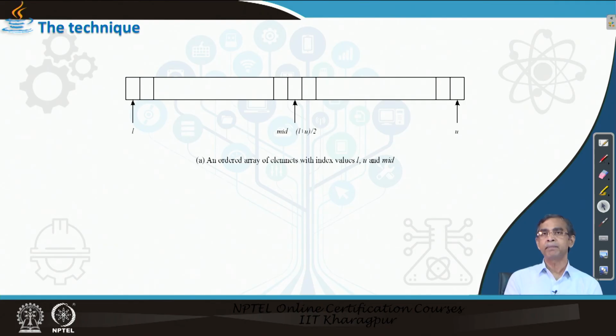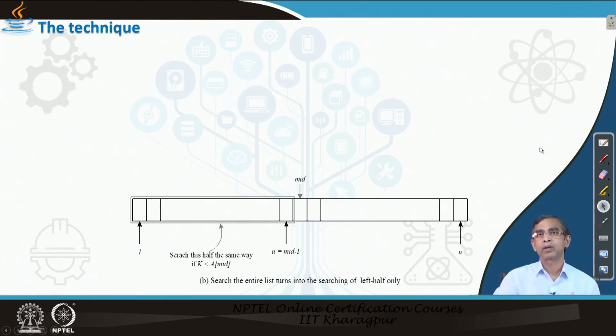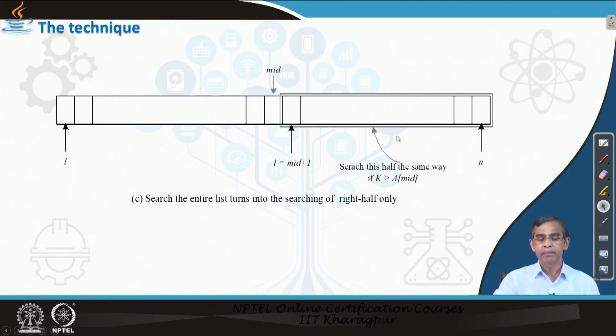If the target element is less than the element at the middle, then we should search the left part. On the other hand, if the target element is greater than the element present at the middle location, then we should search the rightmost part of the list.